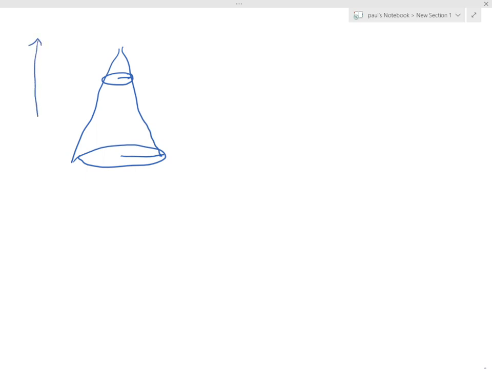Now if the whole height is 100 centimeters and this little height here is 40, and you're given that this is 5 centimeters radius, and you've got to work out the volume of the frustum, but they haven't told you what the radius is up there, use these numbers here to work out what it is, yeah?